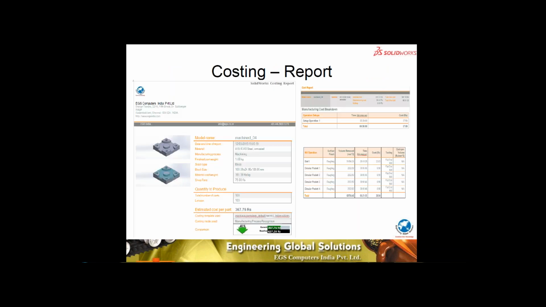So once this is done, the costing report is provided for the machined components and the alternatives, and the person would be able to understand what is the eventual cost of this product based on templates that are driven by supplier costs, material costs, or in-house costs, or a combination of these. As you can see in this report, for every single portion of that, the cost itemization comes in.